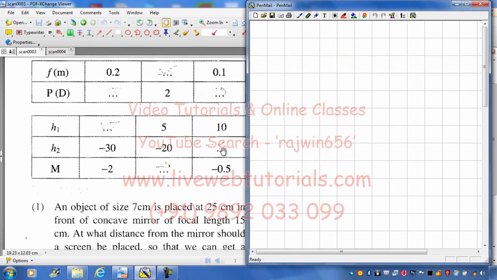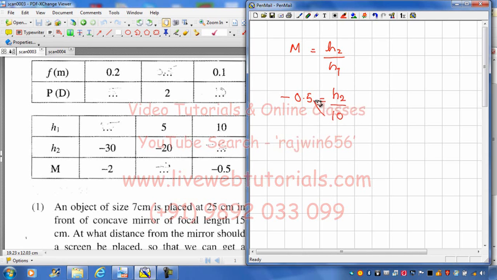The third part, here H2 is asked. Okay, so I'm going to write the same formula. Magnification is equal to H2 upon H1. Just do the substitution. Magnification is -0.5. That is equal to H2 is asked. Okay, H1 is 10.